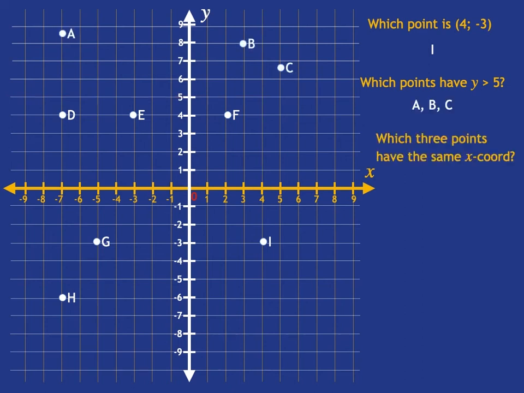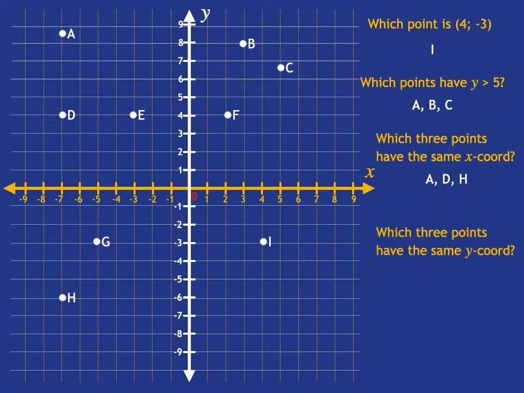Now if we're asked which 3 points have the same x-coordinate, what we're looking for are points that are exactly the same distance to the left or the right. If you look here, these points A, D, and H all are exactly 7 steps to the left. So those 3 have the same x-coordinate of -7.